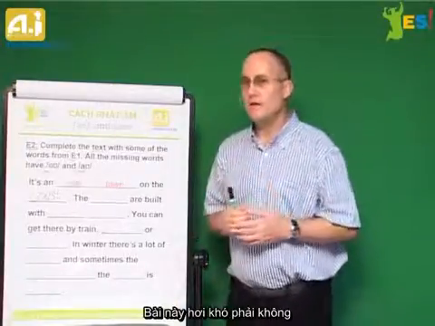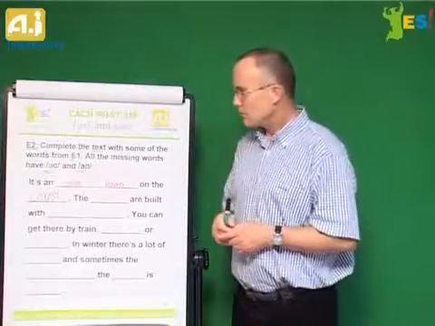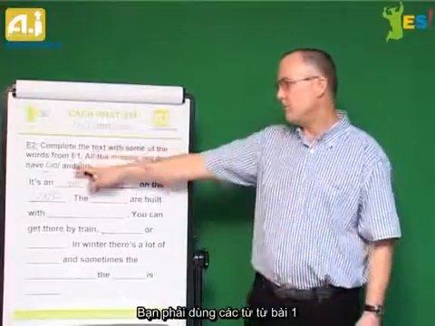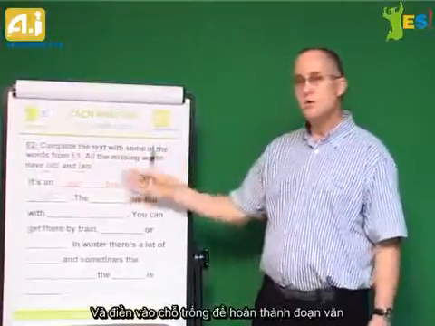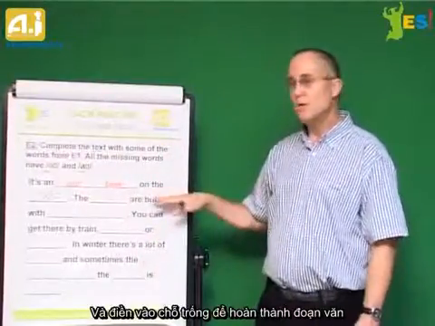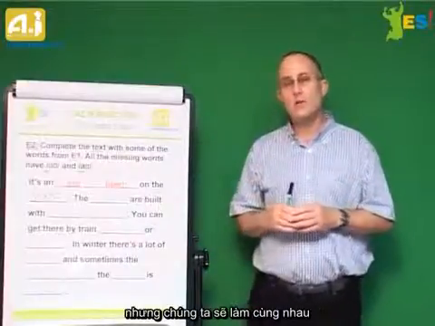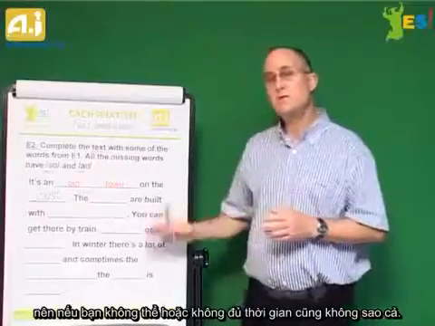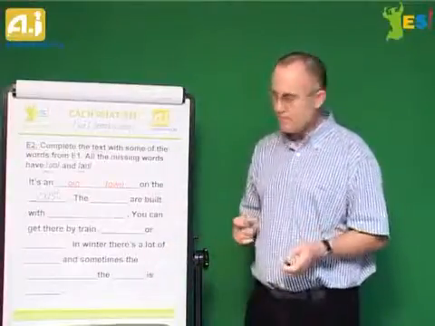Well, this is a little hard, right? You need to use some words from E1, the previous page, and put them into a text to complete some sentences. But, we'll do it together, right? So if you didn't have time to finish, that's okay. We can do it now together. Here we go.